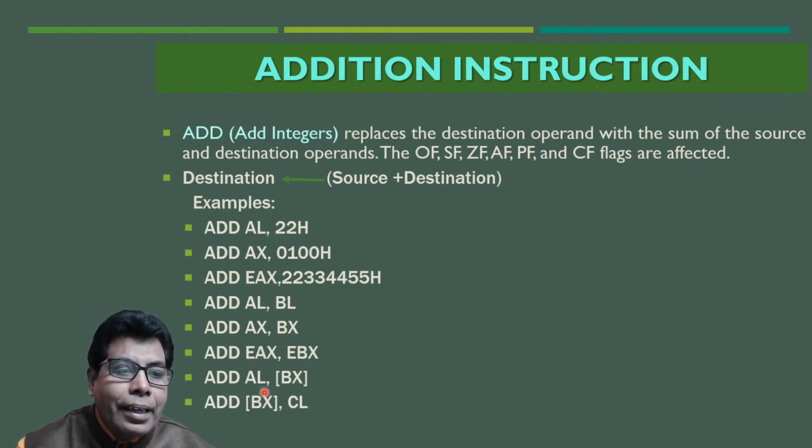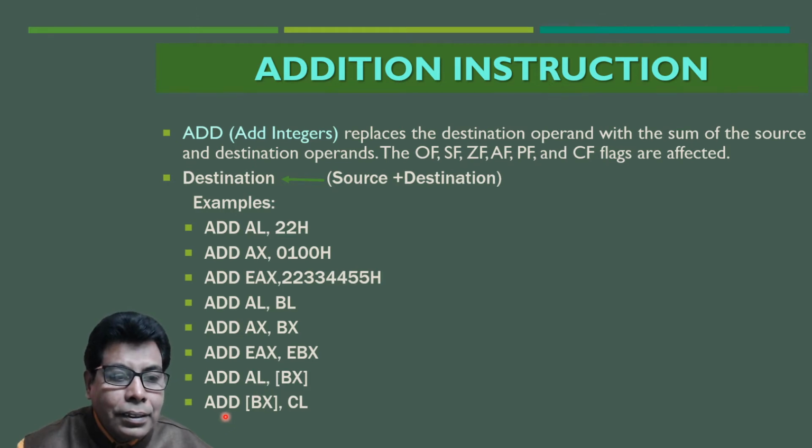Then ADD AL, [BX]. In this case, this is referring to a memory operand. So the source is memory and the destination is AL, which is 8-bit. So 1 byte from memory will be added to the AL register and the result will be stored in the AL register.